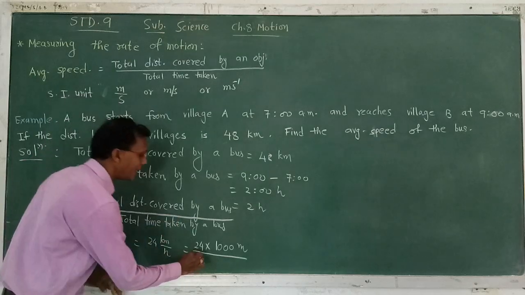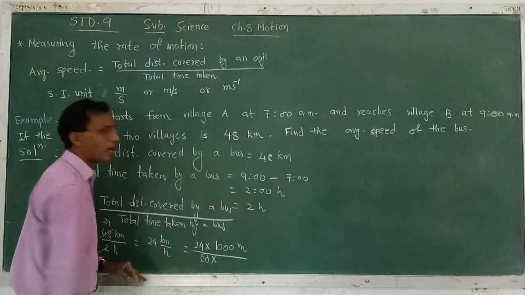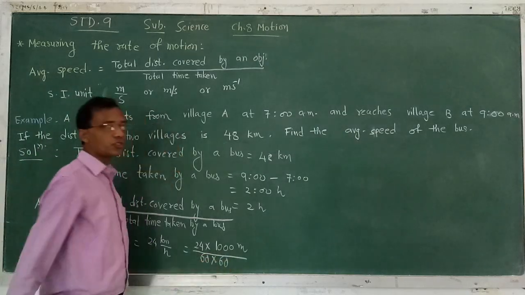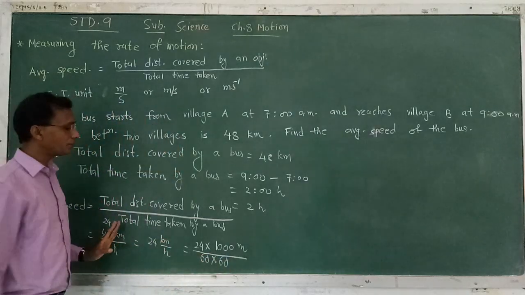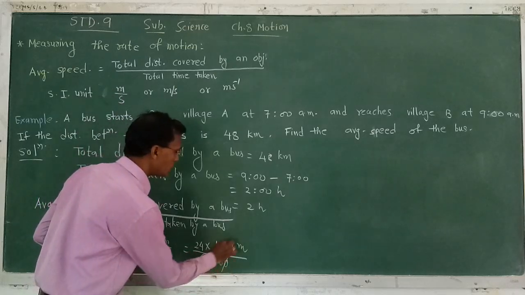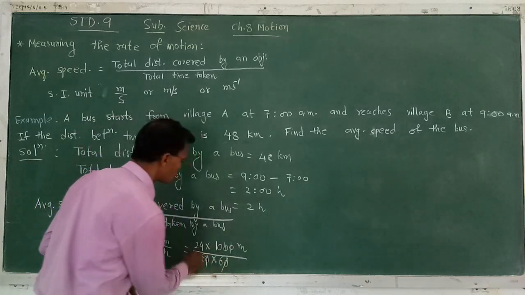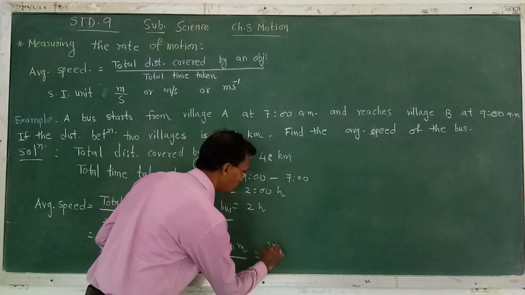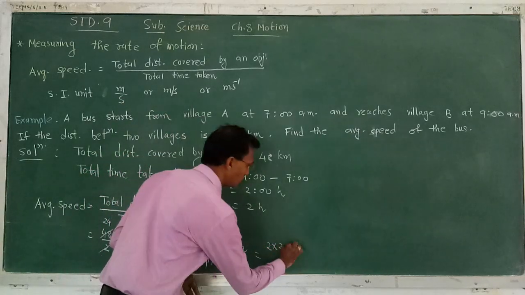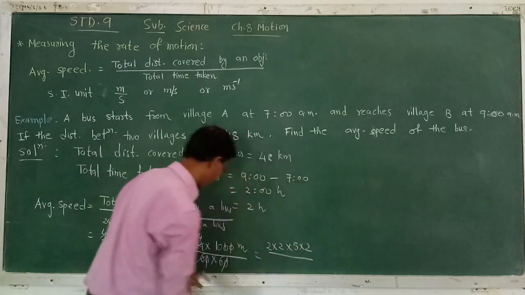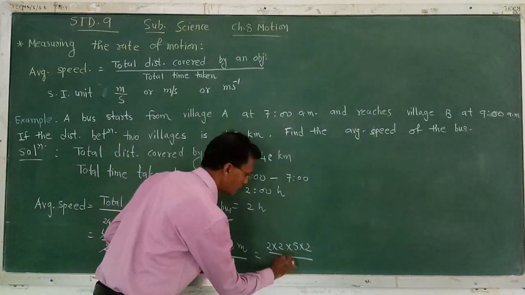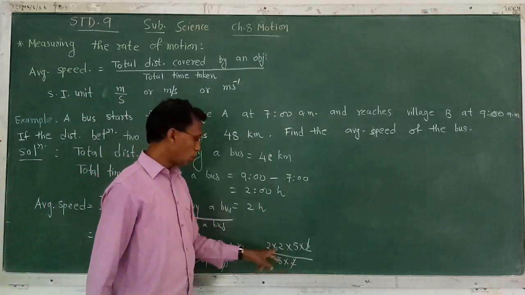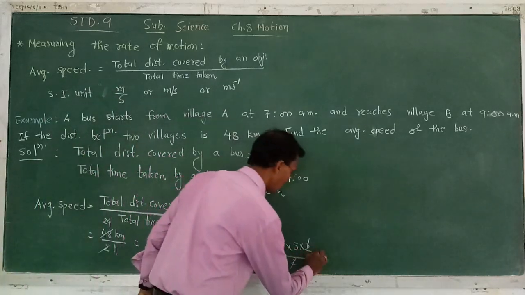So 1 hour is 60 minutes, and 1 minute is equal to 60 seconds. So multiply by 60. Now cancel the zeros, 6 4s are 24, 2 2s are 4, 5 2s are 10, 3 2s are 6, the 2s cancel, 2 2s are 4, 5s are 20.